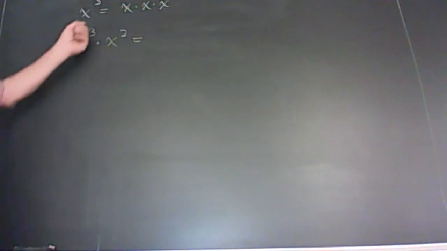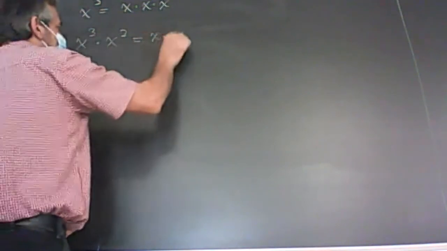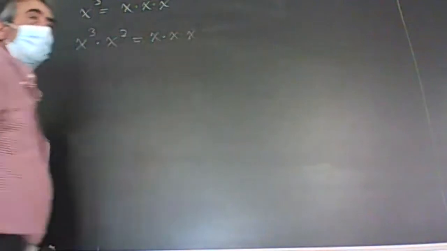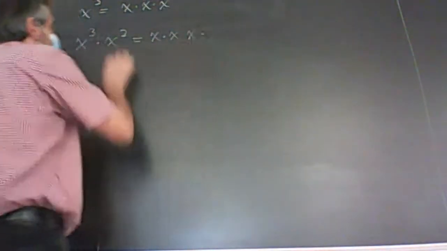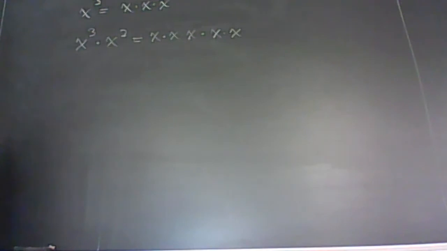If I go back to the representation of each one, order of operation says you have to do exponent before you do the multiplication, correct? So to do the exponent, this means x times x times x, times, this means x times x, correct?